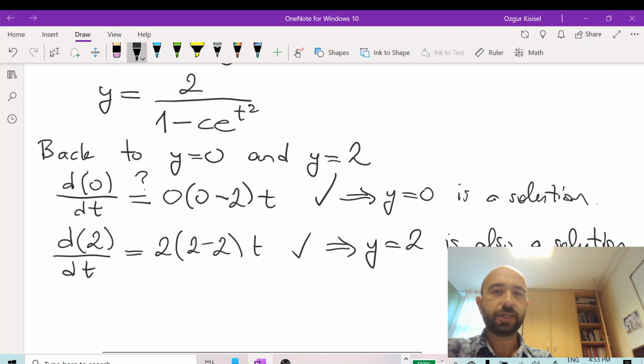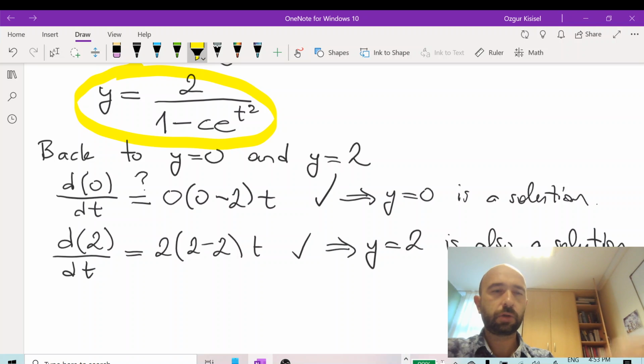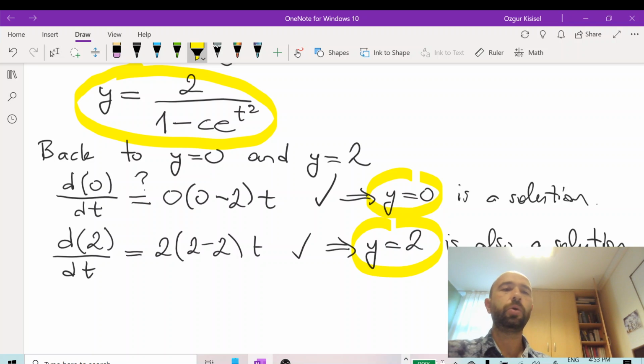So if we are asked to write down all solutions, actually, we should say it's this, that, and that. So you have this infinite family of solutions depending on C, as well as y equals 0 and y equals 2.